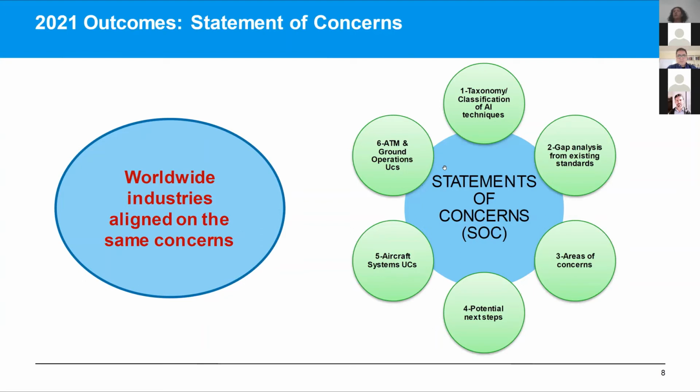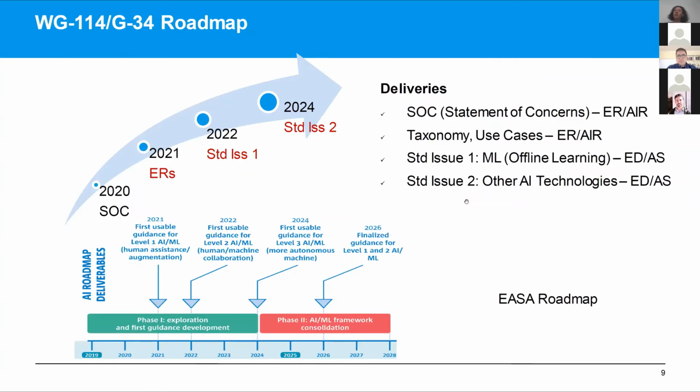So first of all, already you have the document with the statement of concerns. And in the next slide, you see the roadmap of the standard, which is perfectly aligned with the roadmap of EASA that Umut also has presented previously.